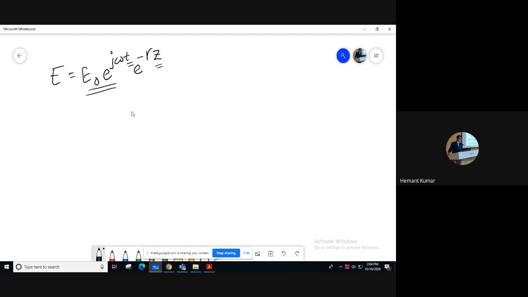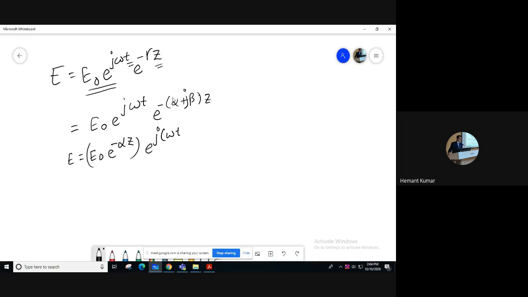If you put in the value of gamma as alpha plus j beta, it is equal to E naught e to the power minus alpha z, e to the power j omega t minus beta z. So this is the phase part, and this is the magnitude.